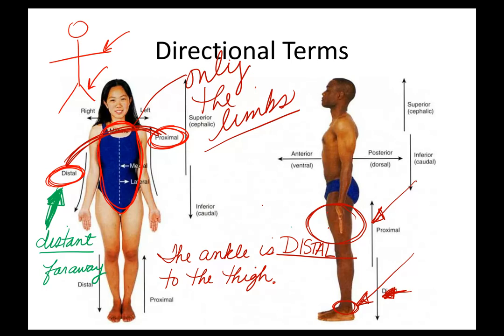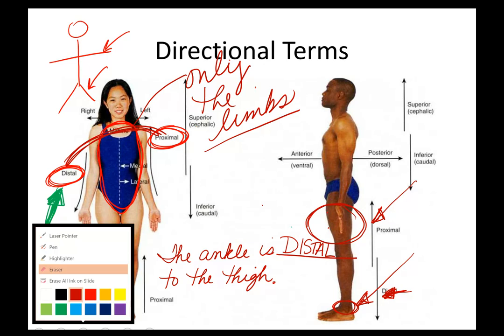I can say that the heart is superior to the stomach internally, but I can't use proximal and distal for that because both of those are in the torso. And when you're talking about proximal and distal, you're talking about whether or not something is close to that torso. If it's inside, that doesn't make sense. So, I'm trying to erase and it's not working. Get the eraser.